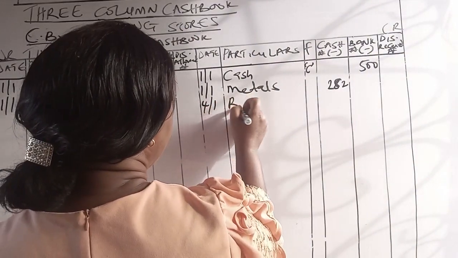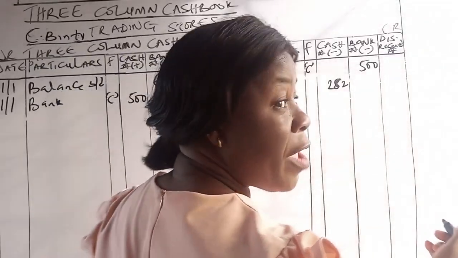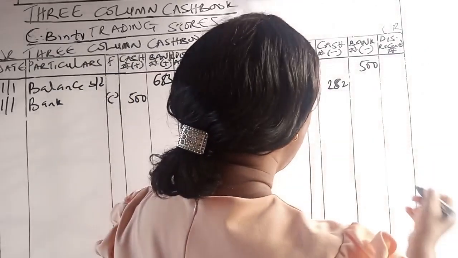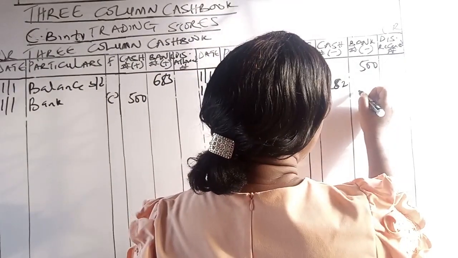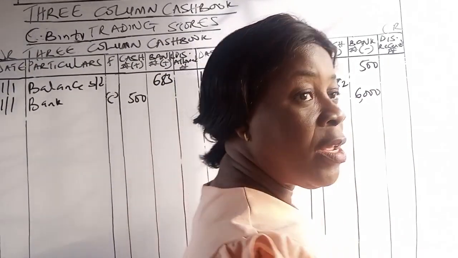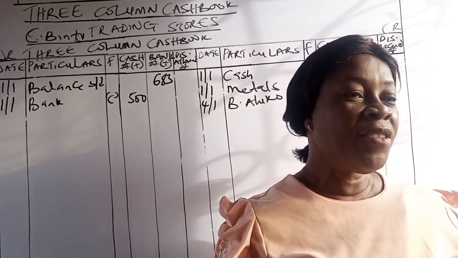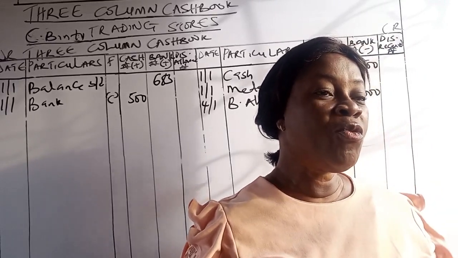So here we write B Aluko to show that money was paid to him. Then we are writing it under the column for bank, and how much? 6,000 naira.